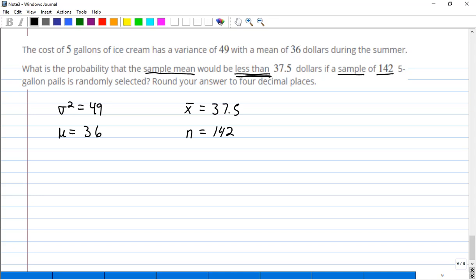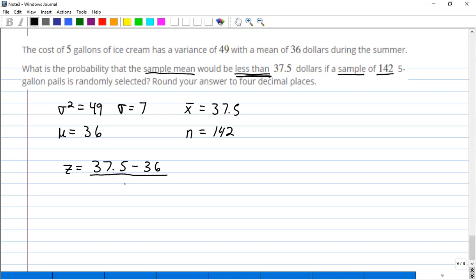Now it didn't give us the standard deviation, it gave us the variance. So what's our standard deviation? The square root of 49 is 7. So our standard deviation is 7. So z equals, we're going to say 37.5 minus mu, 36, over, and remember, it's not just over the standard deviation.